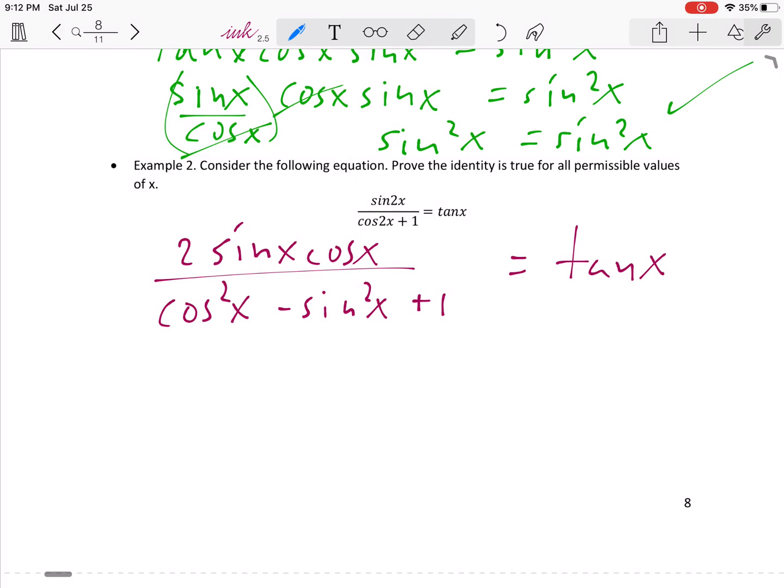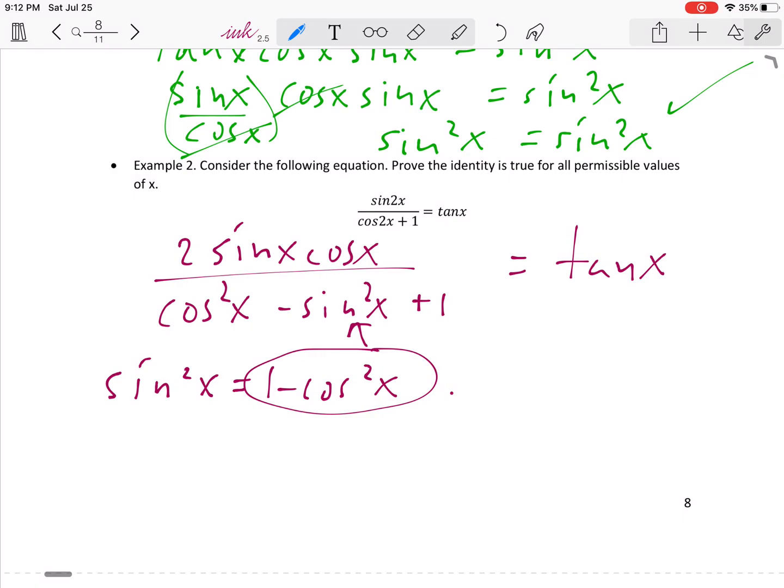Okay, so now what we can do is get rid of the sine squared x using your Pythagorean identity, sine squared x is equal to 1 minus cosine squared x. So take this and substitute it for the sine squared x.